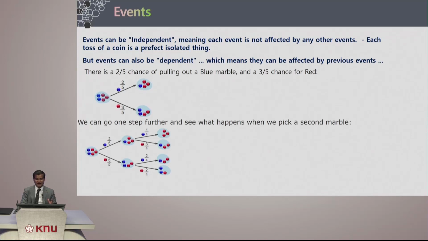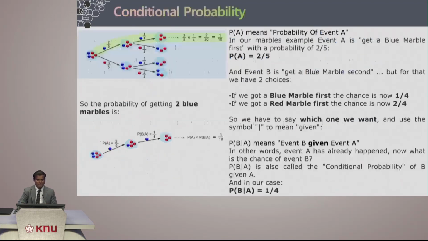If you pick up the blue marble in the first step, then your probability might change drastically in the next step, because right now there are only 4 marbles, and your probability of picking up the blue marble changes. That's what has been illustrated here.